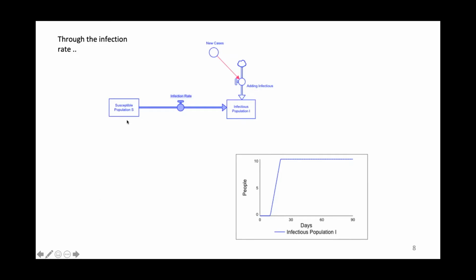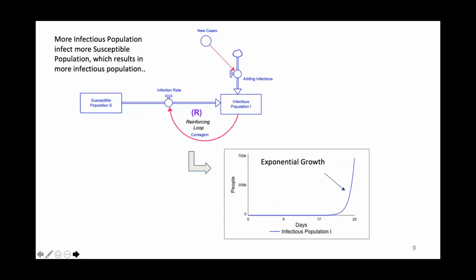When people who are susceptible become infectious, that takes us to something that we have seen in this curve, which looks like a zero here, but it's not a zero. It's actually a number that has increased, but we can only observe it when it starts shooting up.